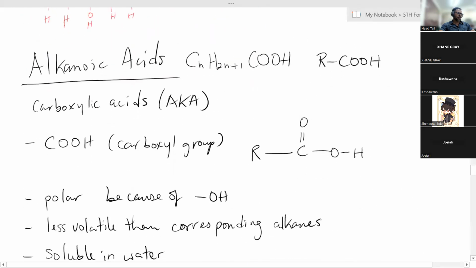When we would have talked about alkanoic acids, we would have gotten some information. So one, we know the general formula for alkanoic acids. We have to remember the general formula. We need to know our general formulas for our homologous series.